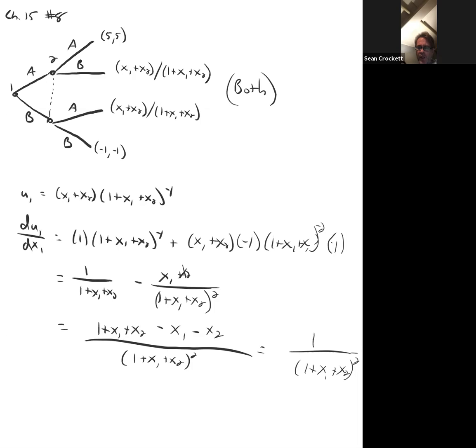The only way that represents the best response by setting it equal to 0 is if the second derivative is negative. The second derivative of this, we're going to get minus 2 times the thing on the inside to the minus 3 times 1.